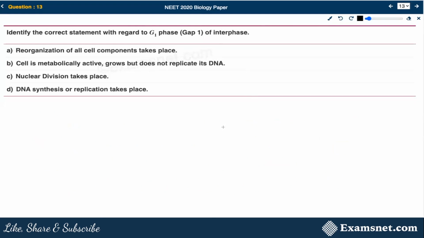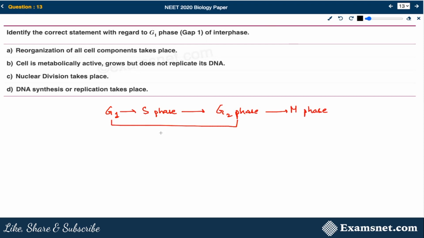Now you have to identify the correct statement with regard to the G1 phase of interphase. If you remember, the phases are G1, S and G2, M. So the sequence of cell division phases is G1, then S phase, then G2, and then M phase, that means the mitotic phase, the phase of mitosis.